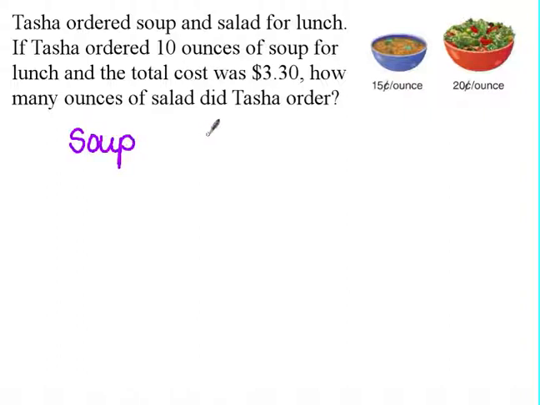Okay, but we know we've got soup and we've got salad, and I know if I add those together, I get my total, right? So I'm just taking the soup plus the salad, and that'll give me the total. And if I look, I know that Tasha ordered 10 ounces of soup. So I ordered 10 ounces of soup here.